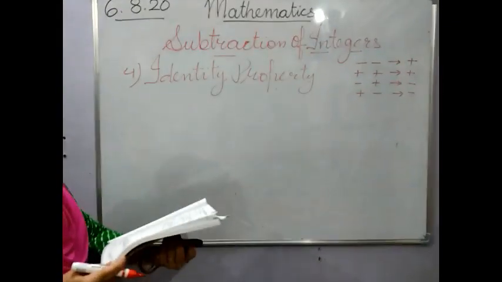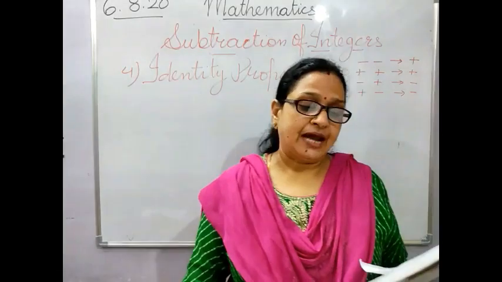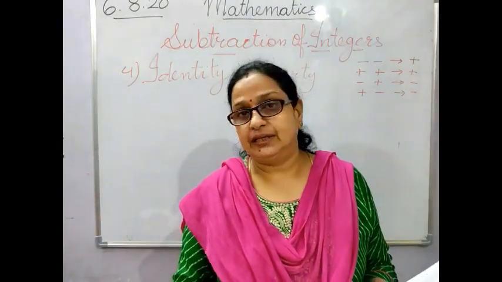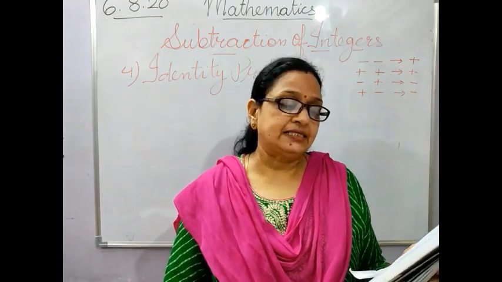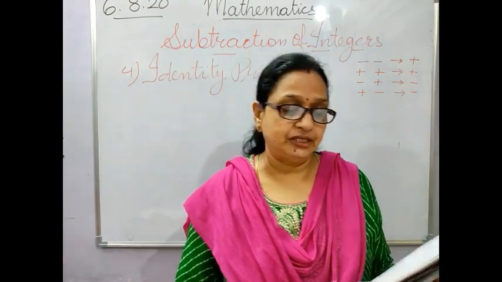Okay, identity property says when 0 is subtracted from any integer, the result is the integer itself. That is why 0 is called the identity element for subtraction of integers.